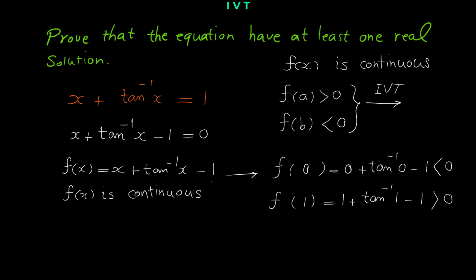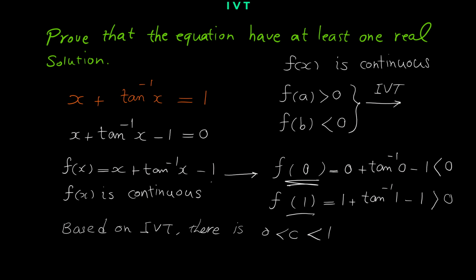Now that we have found two numbers, one of which makes the function positive and the other negative, from the intermediate value theorem we can claim that, based on IVT, there is at least a number c between 0 and 1. Why between 0 and 1?